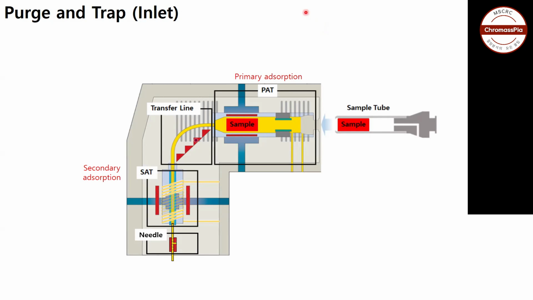Jungwon, I have a question. Why do we need two types of adsorption here? I mean, the primary adsorption and the secondary adsorption. What is the purpose of these adsorptions here?